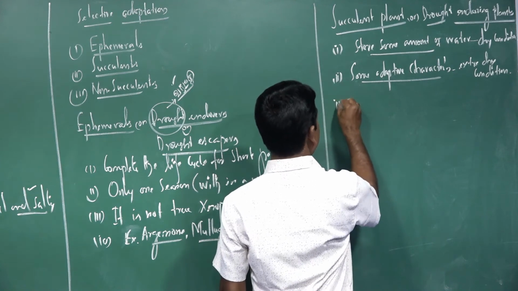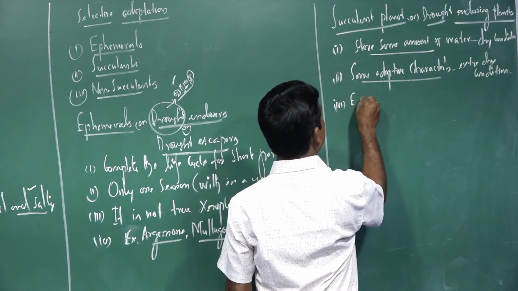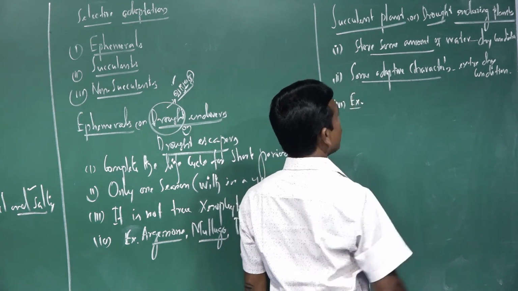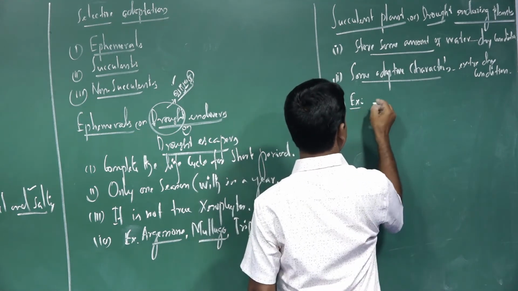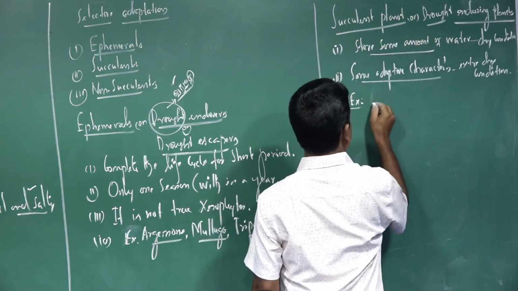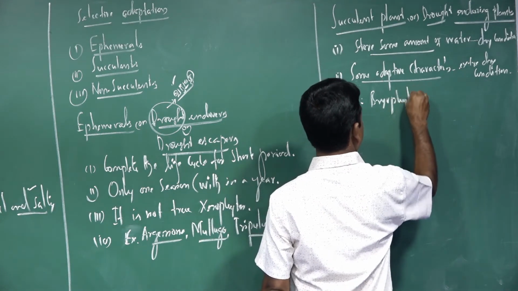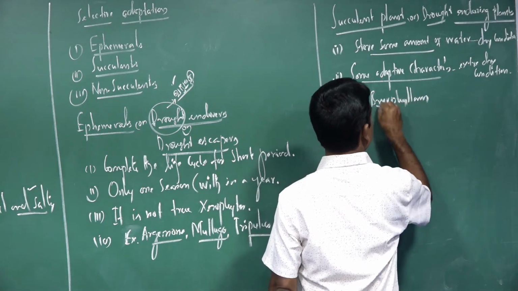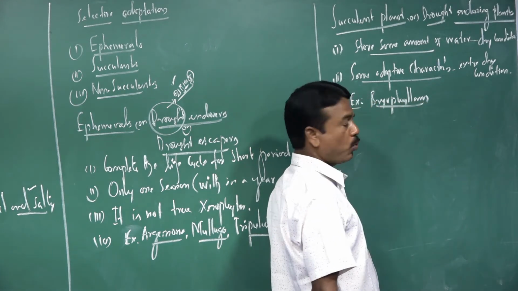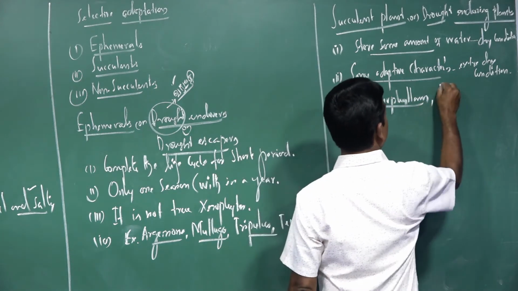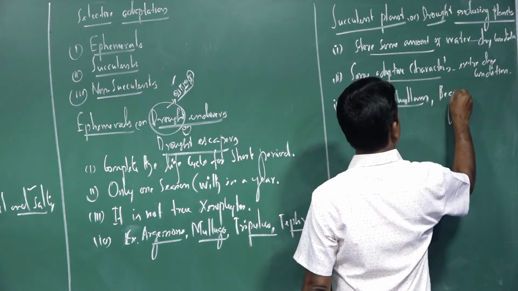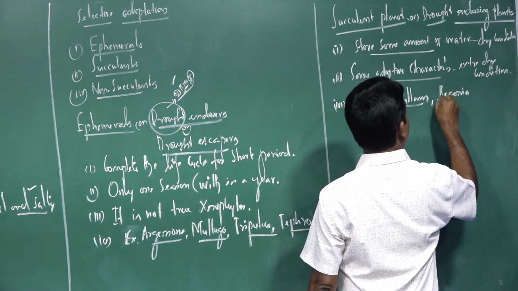Then, what are the examples of succulent plants? Bryophyllum, you know it in Tamil as katti potal kutti podu. Then begonia.